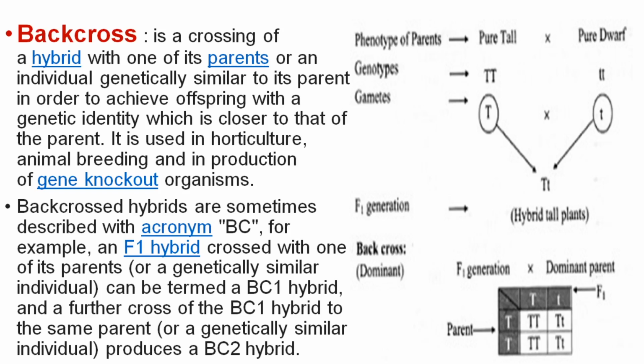That means they should have identical genetic material, their genotype must be the same. That's why the F1 is crossed with a genetically identical parent. Mostly this backcross method is used in animal breeding and in the production of gene knockout organisms, mostly in horticulture. The backcrossed hybrids are sometimes described with the acronym BC.